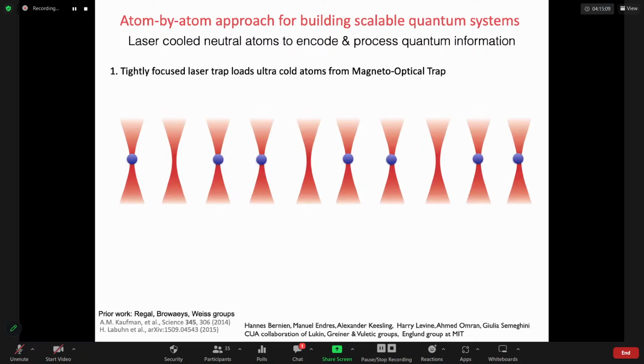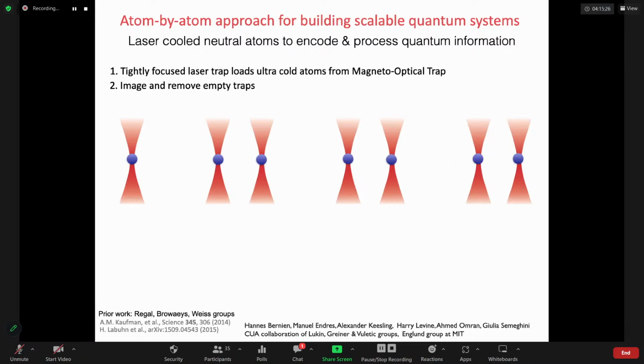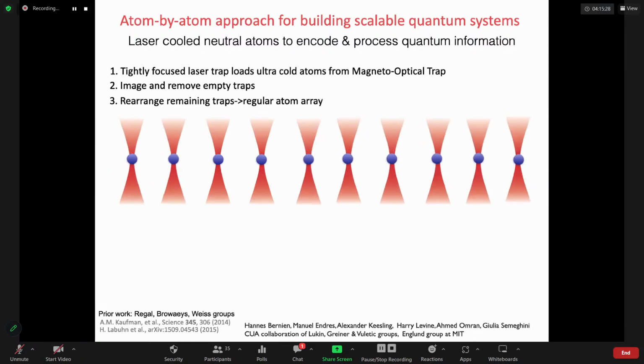We will get rid of this entropy by literally taking a picture of this atomic array, figuring out which tweezers are full and which are empty, eliminating the empty tweezers, and then rearranging the rest of the atoms into a desired configuration. That way we end up with an artificial system composed of atoms positioned essentially at will.